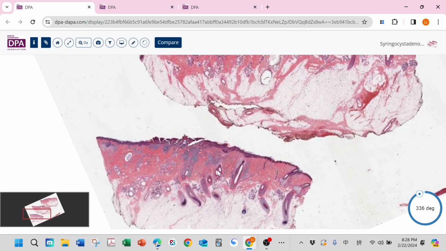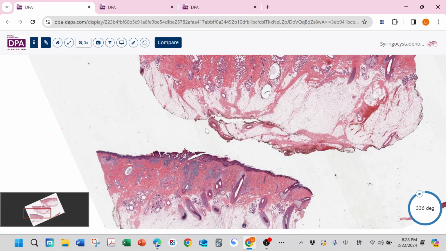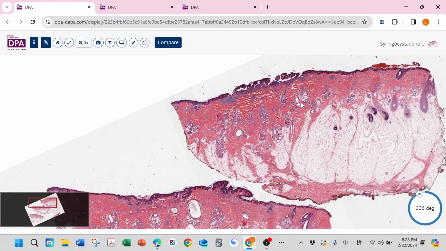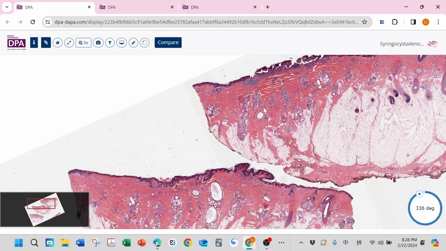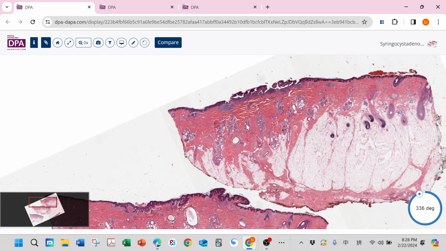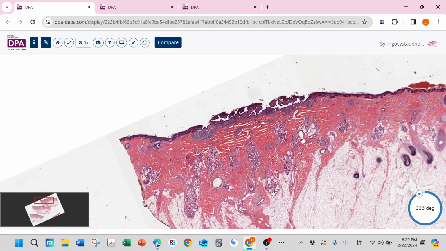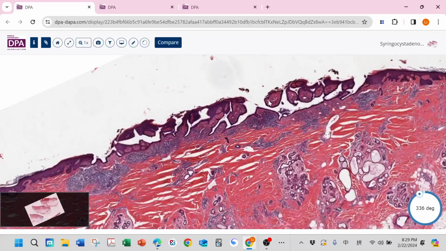Then in this scalp lesion, here we can see tons of apocrine differentiation in this area. Then we are suspicious whether this is nevus sebaceous, but on top of this area, we can see this invaginated growth kind of structure like SCAP.